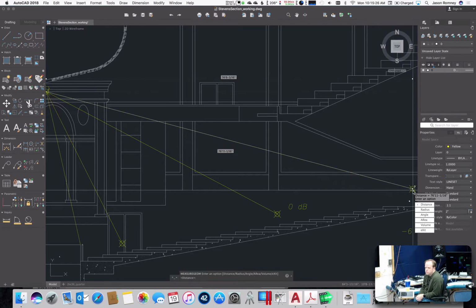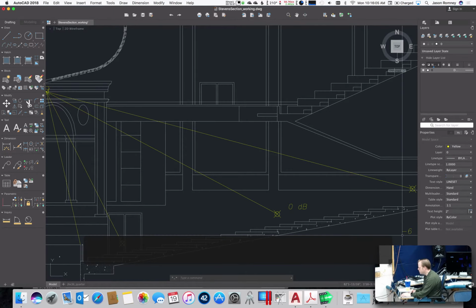If you just plug those two distances into an inverse square law equation, 20 times the log of the first distance divided by the other distance, I'll find out the dB difference. So what is the dB difference between those two distances? Somebody try that. Make sure you put that first value on top. Minus 3.28. So we'll call that minus 3 dB.